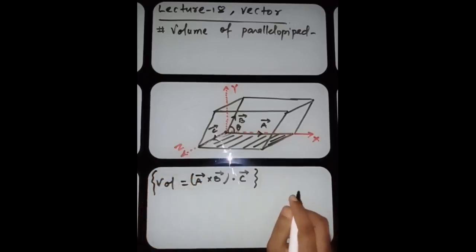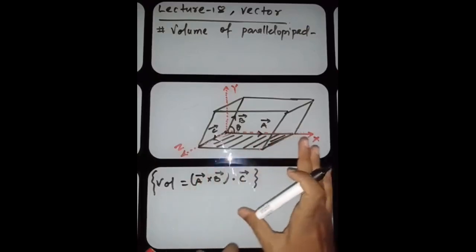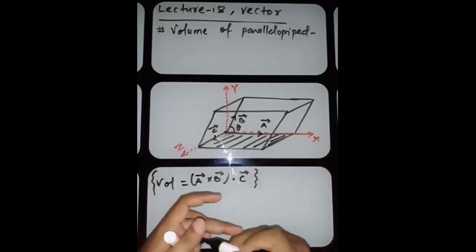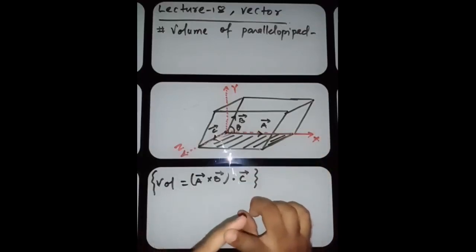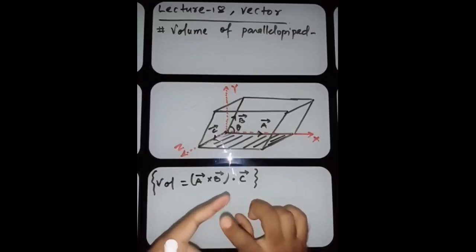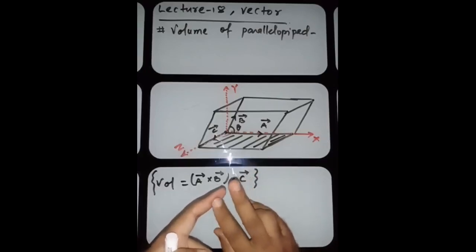Now I'm going to give you some homework. These are the formulas that you must remember. The area of a triangle is half into mod of A cross B, where A and B are two sides of the triangle.